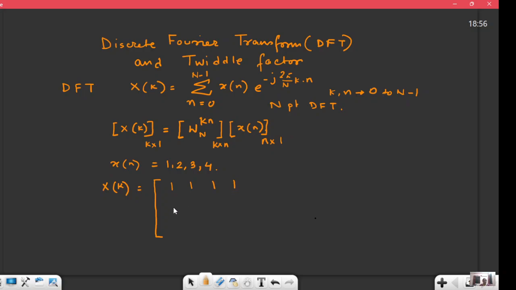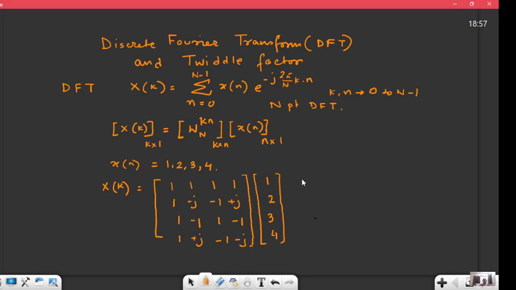So here I will just write the Twiddle factor matrix. This is a 4 cross 4 matrix since both k and n are varying from 0 to 3. And this is your x of n. X of n is 1, 2, 3, 4.